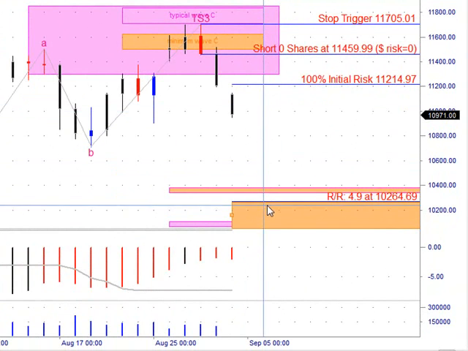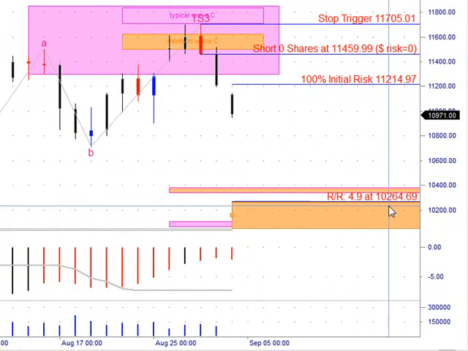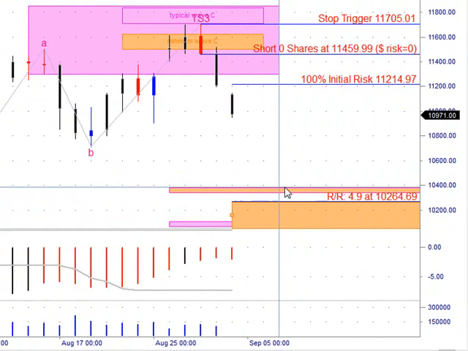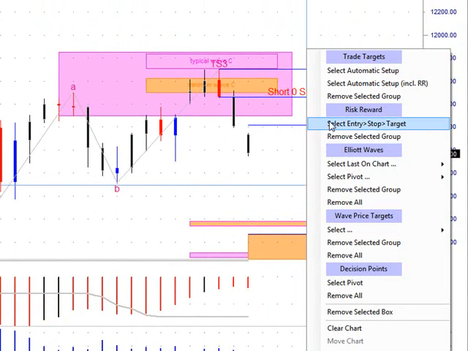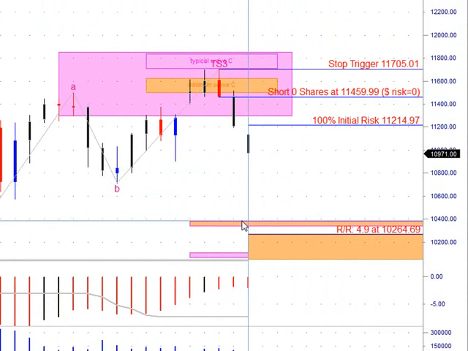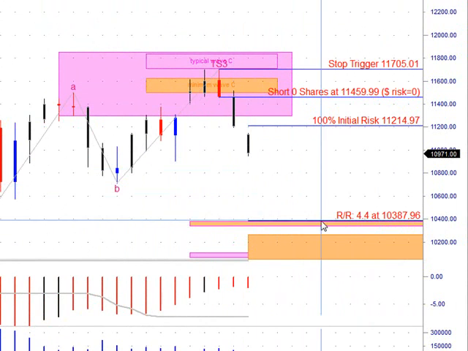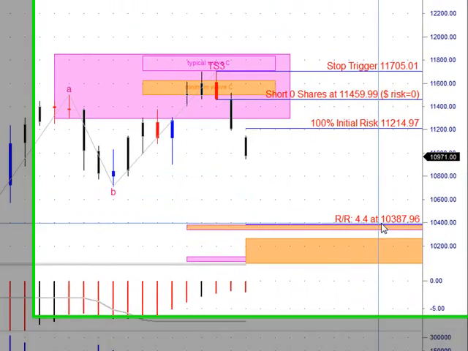And so the software has picked this almost a 5-to-1 target there at 10,264. But the wave 5 target, in fact, let's just draw that in here. Right about here, a little better than 4-to-1 at 10,388.